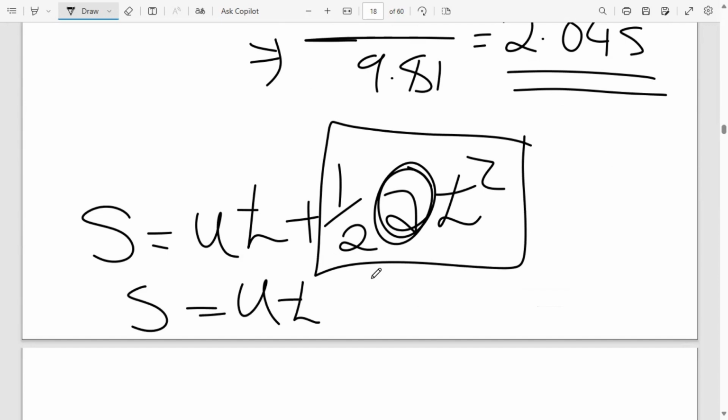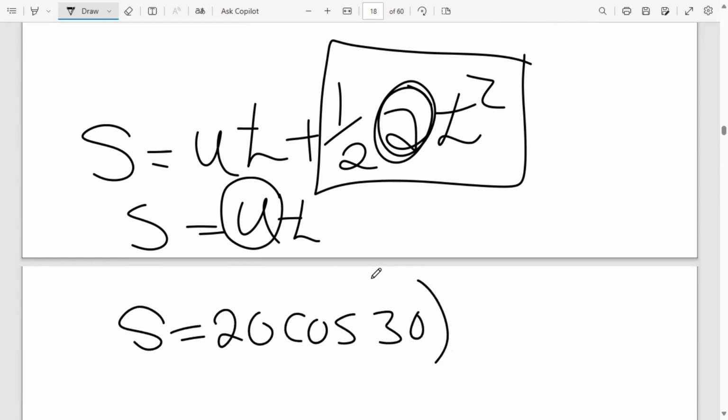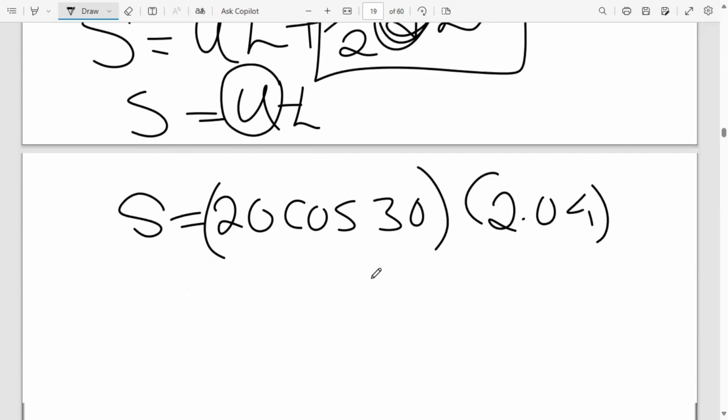But remember, since you've decided to use this simplified formula, what are we going to do? You are supposed to convert your velocity into its x component because the range is only in the x component. So we're going to say S, which is the range, is equal to 20 cos 30. This is velocity multiplied by t, of which the time we've calculated to say it's 2.04 seconds.